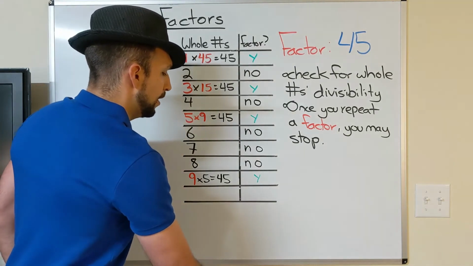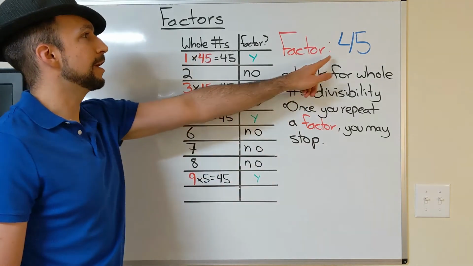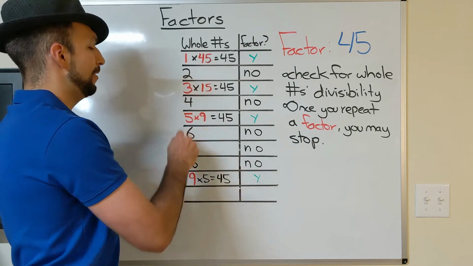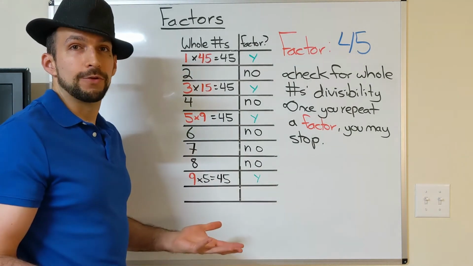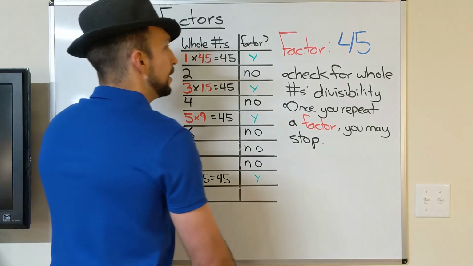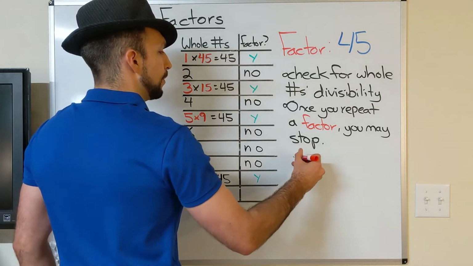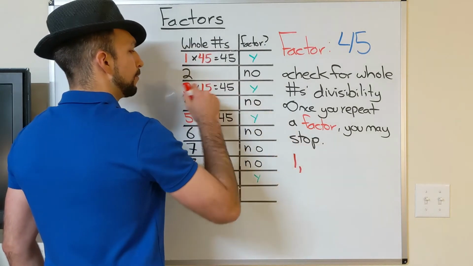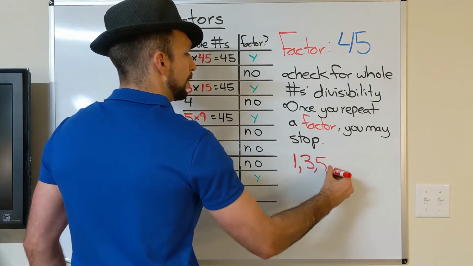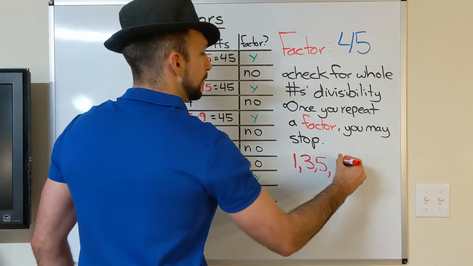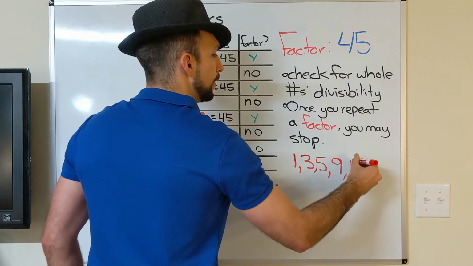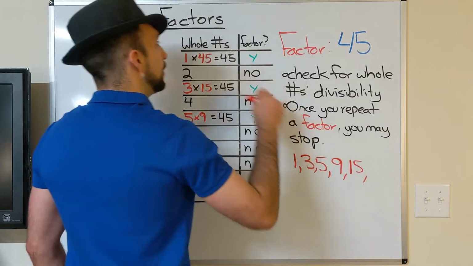So, let's rewrite our factors of 45. It asks us to list all the factors, so we need to list each of these factors. I prefer to write them in ascending order, but Alex will accept any order you put them in. So our factors were 1, 3, 5, 9, 15, and 45.